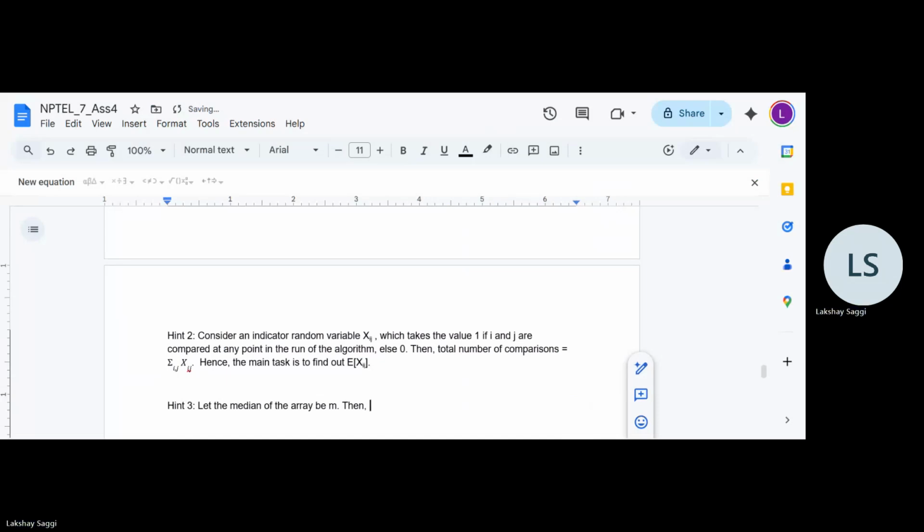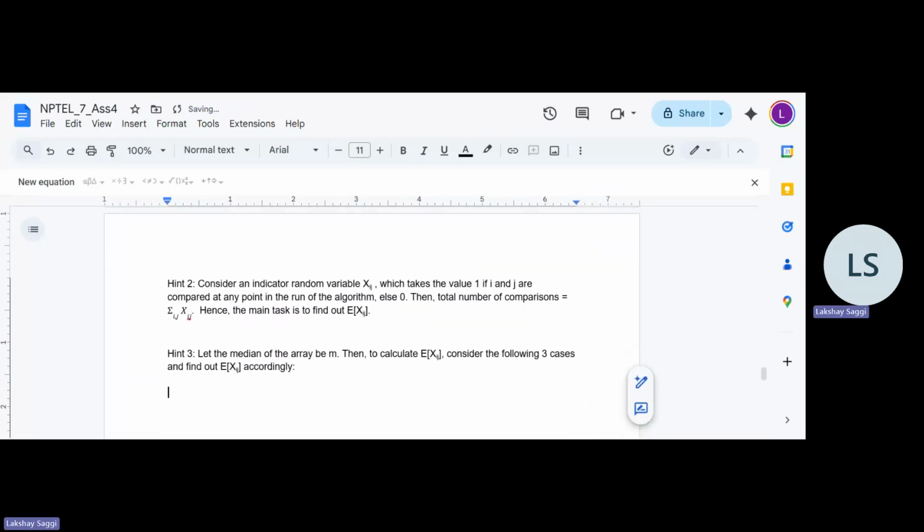Then to calculate the expectation of Xij, consider the following three cases and find the expectation of Xij accordingly. And what are the three cases?